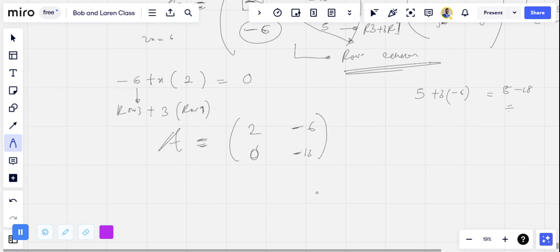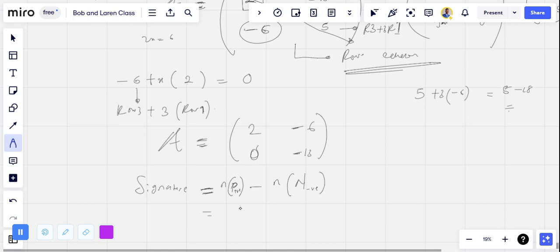Okay. Now that you have it in row echelon form, what will be our signature? Signature will be equal to the number of positive signs, let me put positive so you remember, minus the number of negative signs.